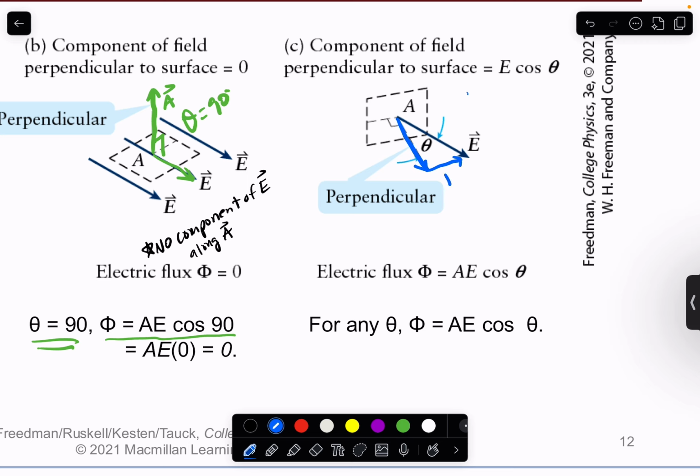That would be E parallel. This would be E perpendicular. And since E perpendicular is on the adjacent side of that right triangle, then E perpendicular will equal the magnitude of that vector E, the hypotenuse, times cosine theta. Let me just move this out of the way.